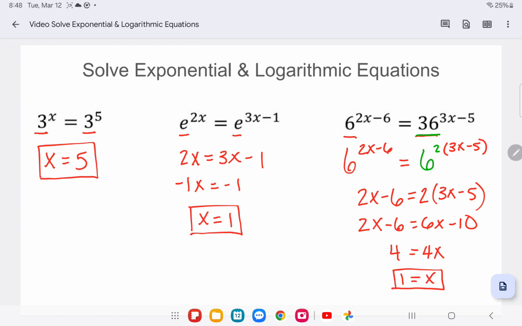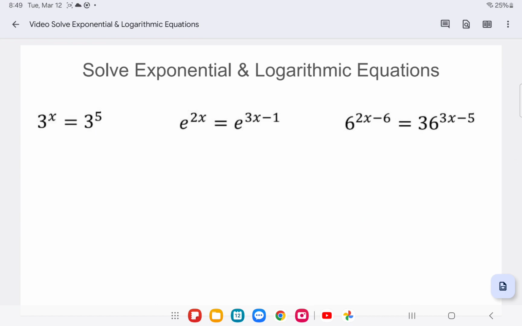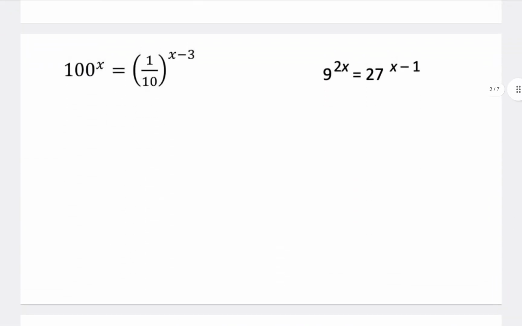Let's try a couple more of those. In this next example, the bases do not match. We have a base of 100 and a base of 1/10. But we can get a common base by using 10 as our common base, because 100 can be rewritten as 10 squared, and 1/10 can be rewritten as 10 to the power of negative 1.